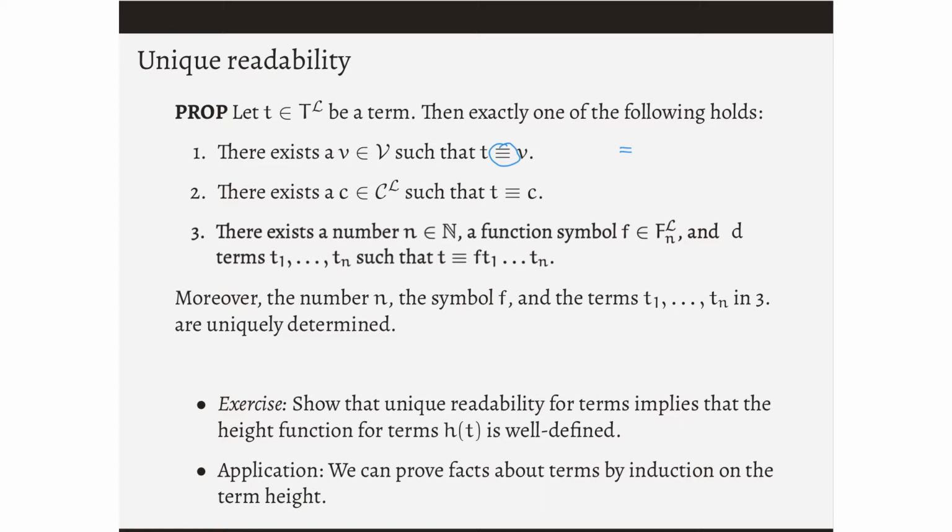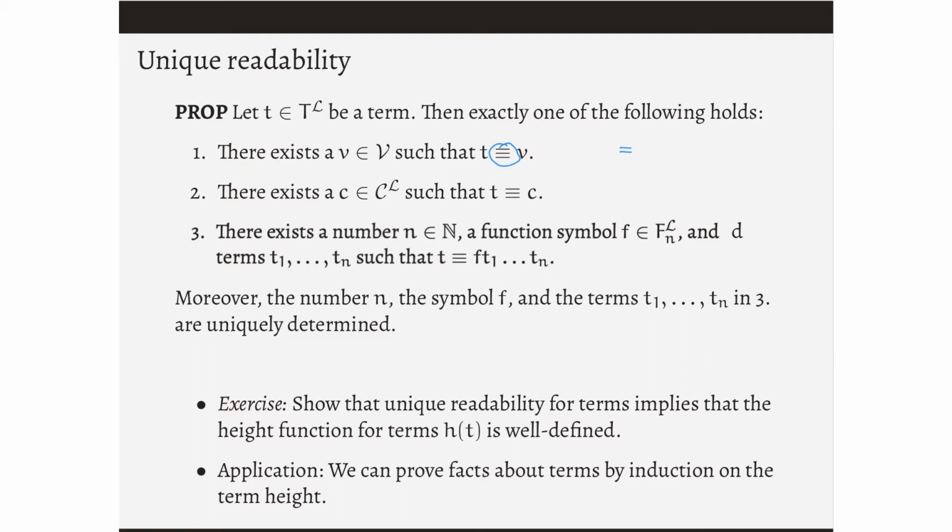As long as we're dealing mostly with syntactical questions and issues, I will be careful to make this distinction. This just says that as a string, t is equal to this symbol, and I reserve the usual equality symbol for actual formulas.